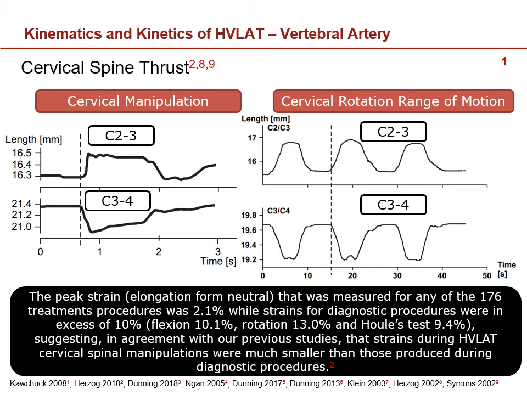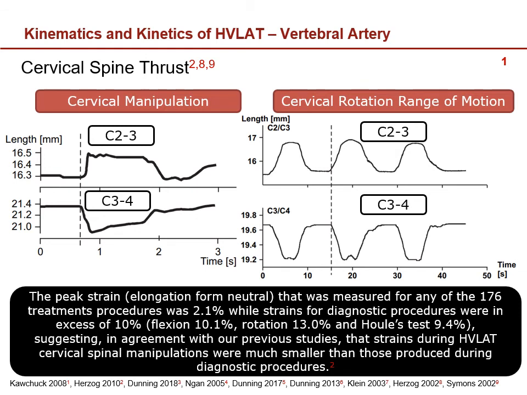And what you can see is that the amount of displacement or change in length of the vertebral artery for the manipulation, regardless of what segment you're looking at, is between 0.2 and 0.4 millimeters, versus that with the actual cervical rotation, that the amplitude ranges between 0.6 and as much as 1.5 for C2, C3.